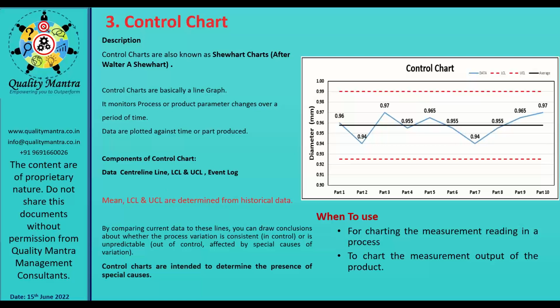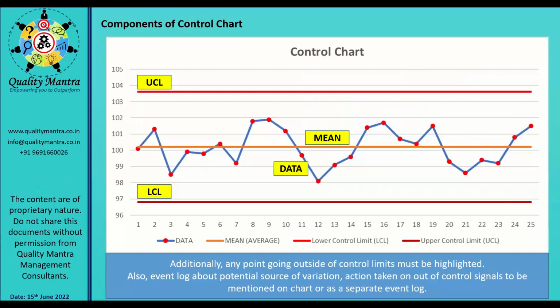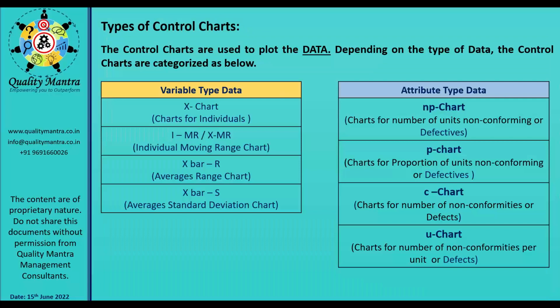Depending on किस तरह से control chart behave कर रहा है, you can take the particular action so that you can bring the process back to the center line, or back to where you want it to run. The control chart components were LCL, UCL, that is lower control limit, upper control limit. Then there is the data, and then there is a mean. Event log will also be there.